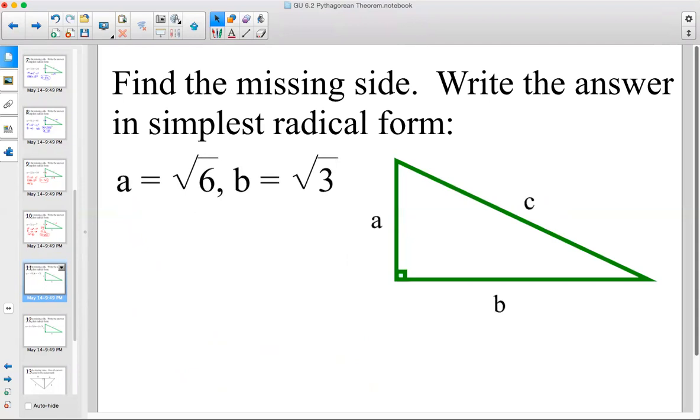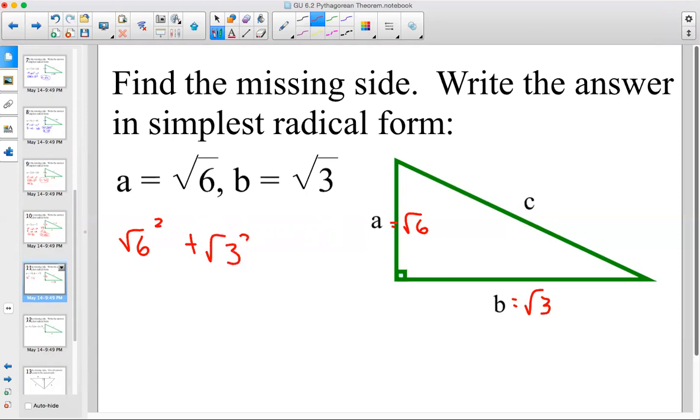All right, so A equals radical 6 and B equals radical 3. We're going to do the same process. We got radical 6 squared plus radical 3 squared equals C squared. When you square a radical, you are undoing the radical.